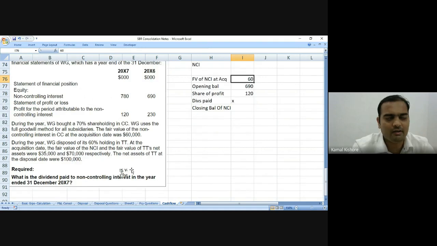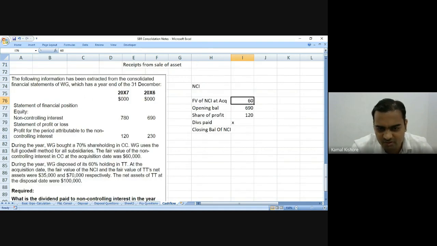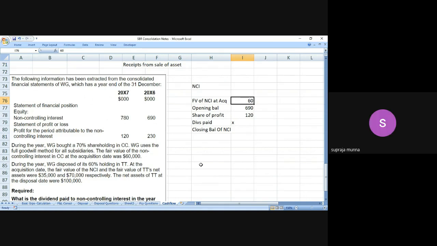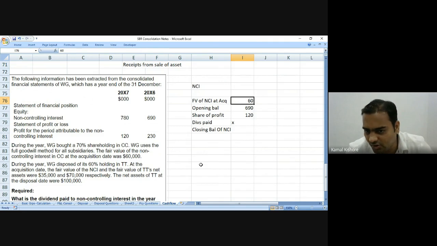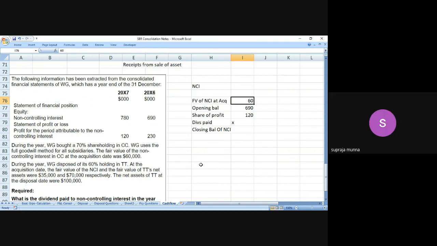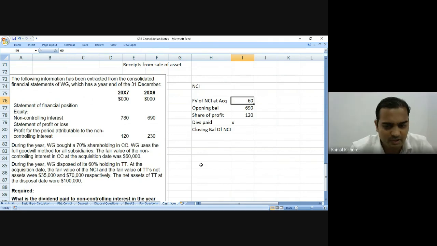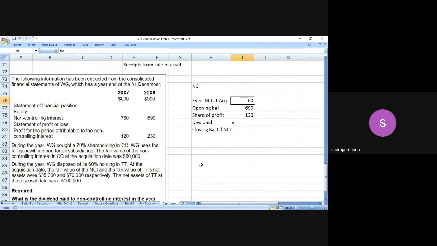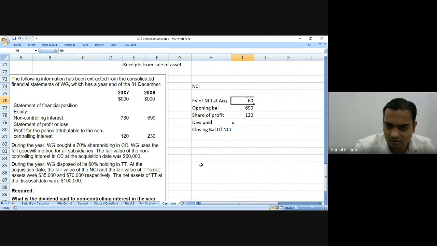Actually speaking, your ACCA syllabus is quite simpler for consolidation. Multiple subsidiary consolidation is not given. You have one subsidiary, one associate, but multiple subsidiaries are neither in skill level nor in professional level. For example, I can have 5 subsidiaries, or 3 subsidiaries.